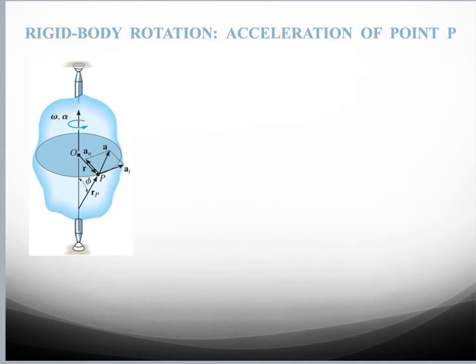Now we also want to talk about acceleration, and we should understand that here you notice we have two different types of acceleration because a point P on that rotating object could have the chance to accelerate tangentially. That's if it's changing its rotation rate.